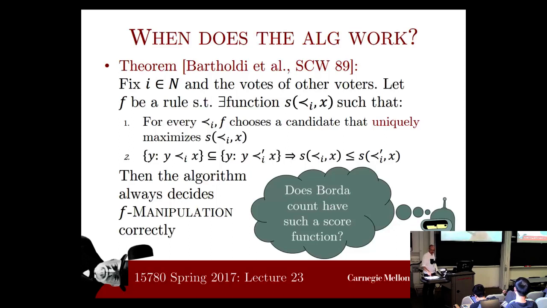If there's a tie between two alternatives, I'm going to choose the one with the smaller index. This order is my tie breaking order. So the question is, what would be a score function for Borda with this particular tie breaking method that would satisfy these conditions?